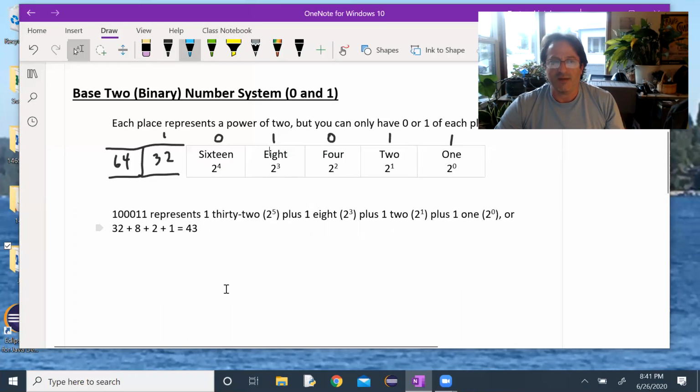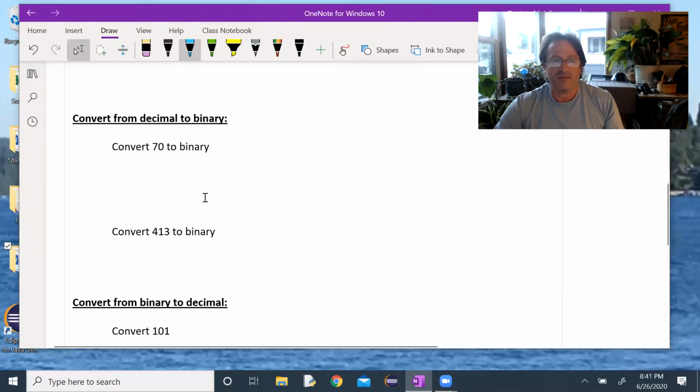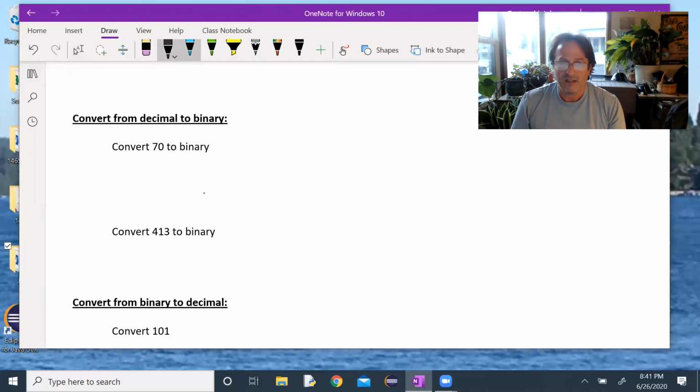Okay, so how do we convert back and forth? First we'll look at converting from decimal to binary. What we want to do is figure out our place values for the powers of 2, and I'm going to start on the left and go 1s, 2s, 4s, 8s.